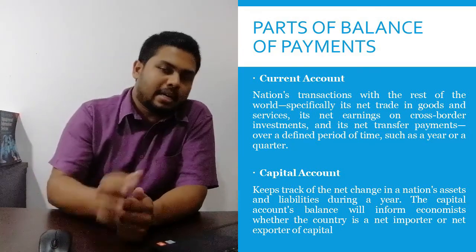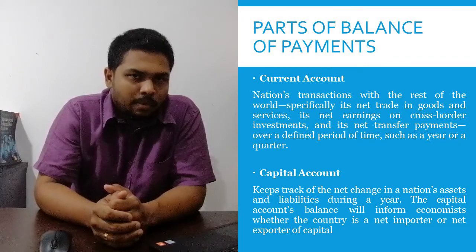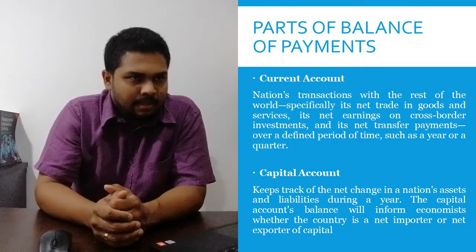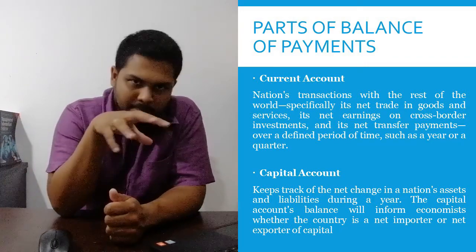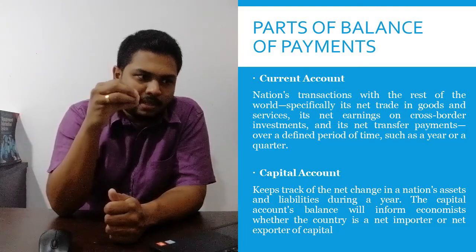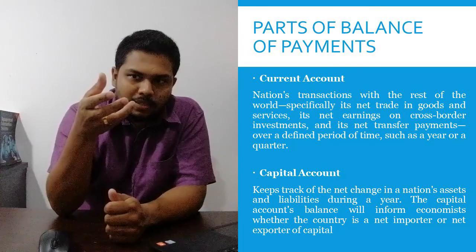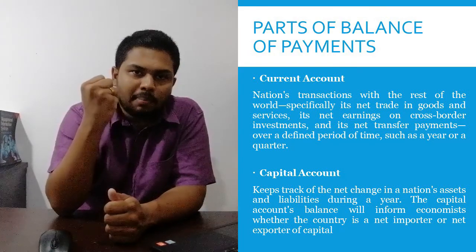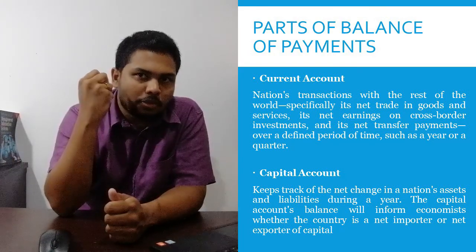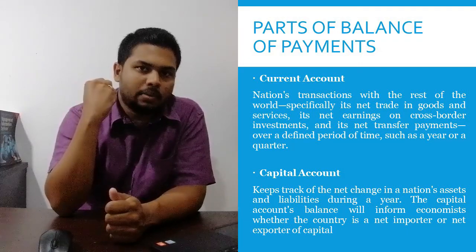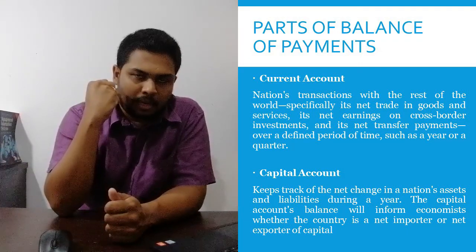The first one is the current account. Normally, you know what the current account is, in the sense that in a particular period of time, whatever payments we made, as well as whatever income we received, will be recorded in an account called the current account in a country, right?